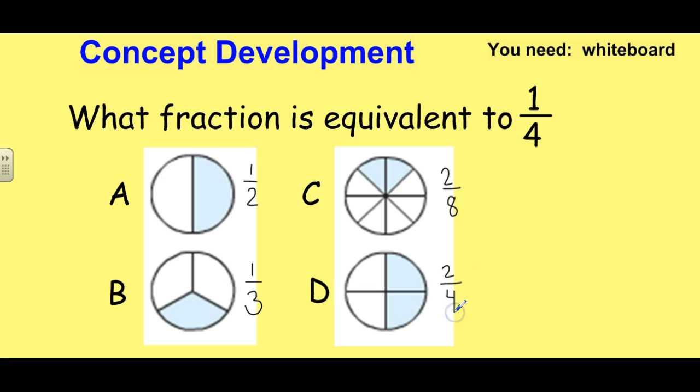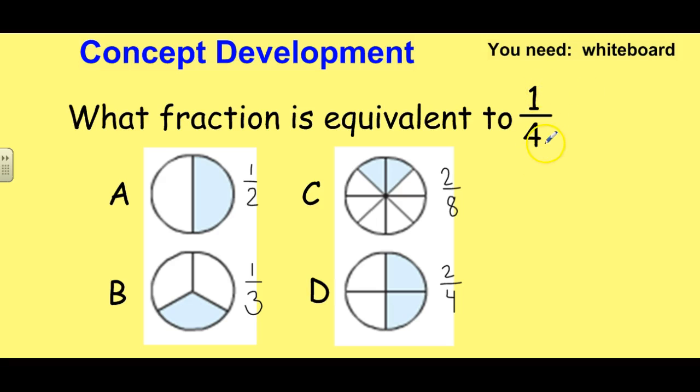Okay? So, you actually have a few different ways that you can solve this. You could draw a circle and divide it into 4 equal parts and shade in one of those parts and see which one of these has the same amount of shaded space. Or you could cross multiply 1/4 with 1/2. You could cross multiply 1/4 with 1/3.